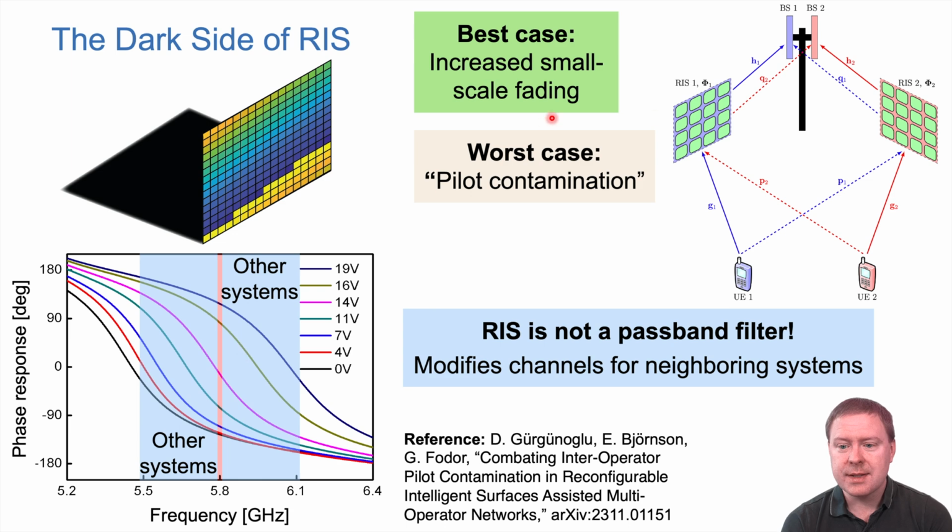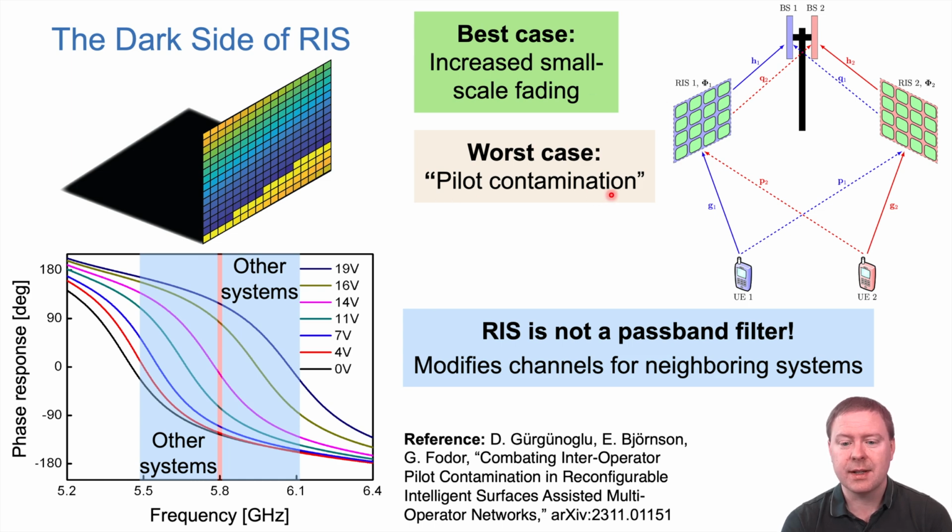But in the worst case, if you have two base stations close to each other, they have one RIS each, and you have a standard that tells you, well, at the same time, you should estimate a channel and then you should transmit and switch between uplink and downlink in the same way, which you typically need to do in 5G systems. There is a big risk that the two base stations will estimate their channels and they will get some leakage from each other's RIS, and then they will change the RIS configurations based on their estimates and mess with each other's channels.